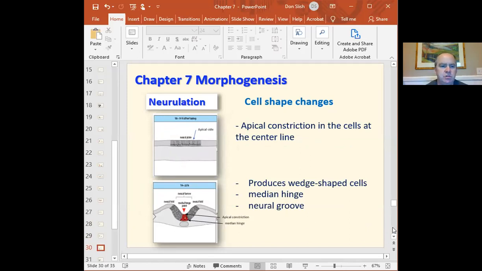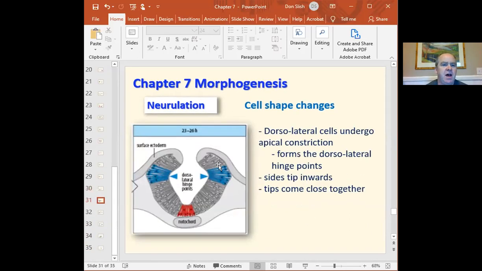Once you've got a neural groove, you get a similar thing happening here at the dorsolateral side. So you go from this to this to this. And now the two ends can touch.